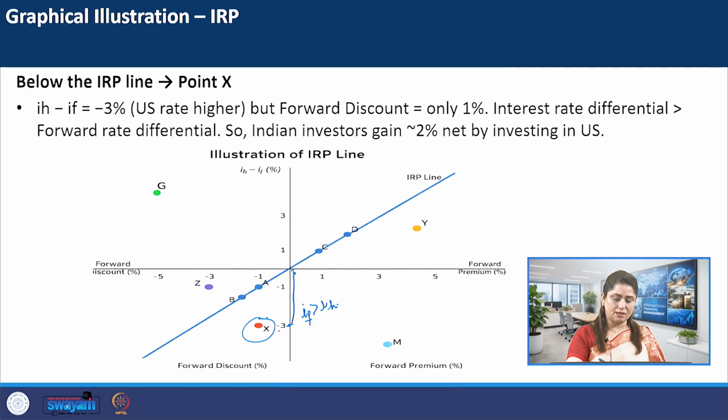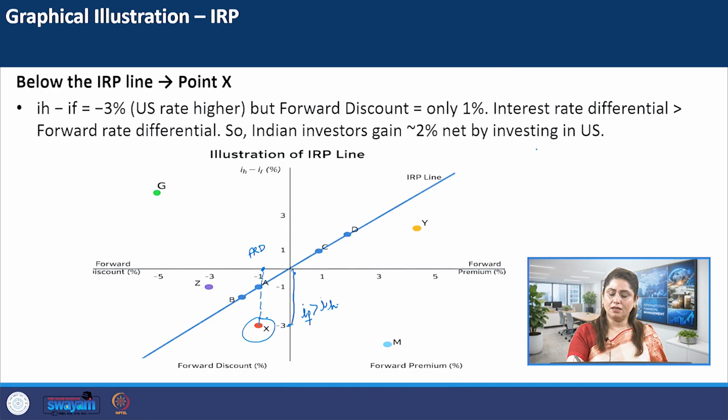But the forward rate differential is equal to -1%. So here the US dollar is depreciating. So the interest rate differential is greater than the forward rate differential. So Indian investors gain 2% net by investing in the US.